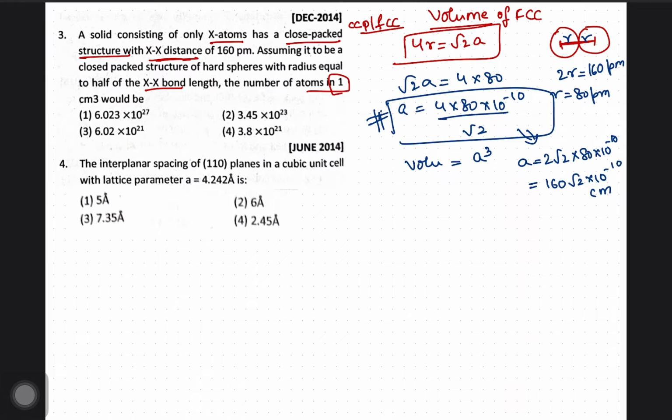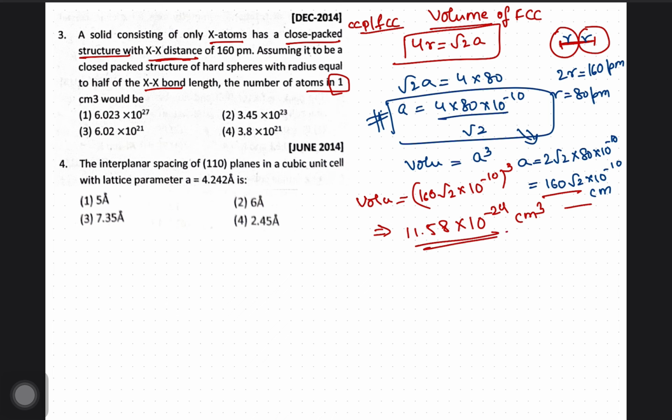So for volume we have to cube this one. You will get volume equal to (160√2 × 10^-10) the whole cube. On solving this you will get the answer, in centimeter cube.